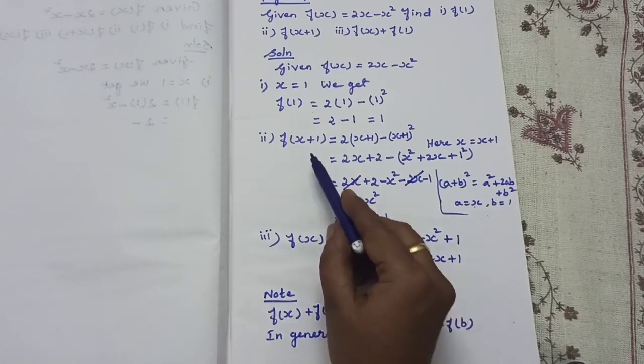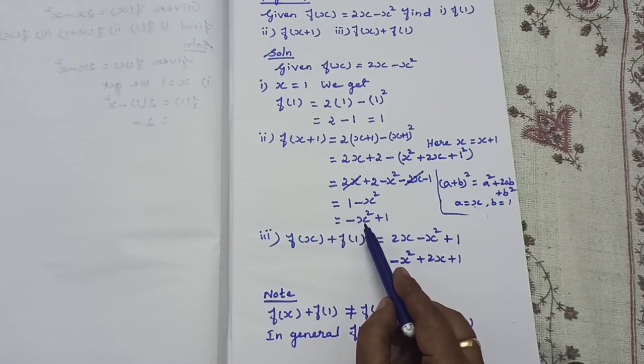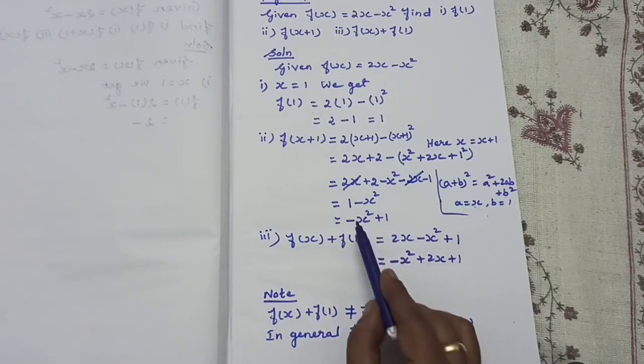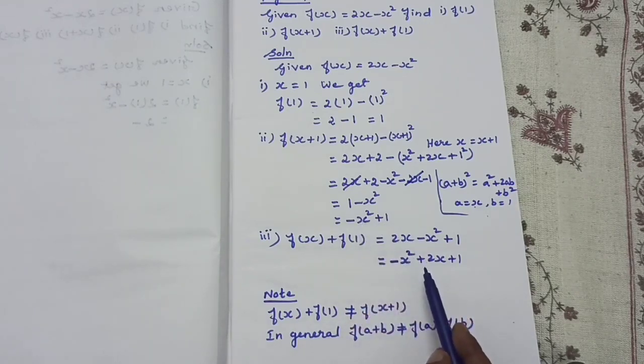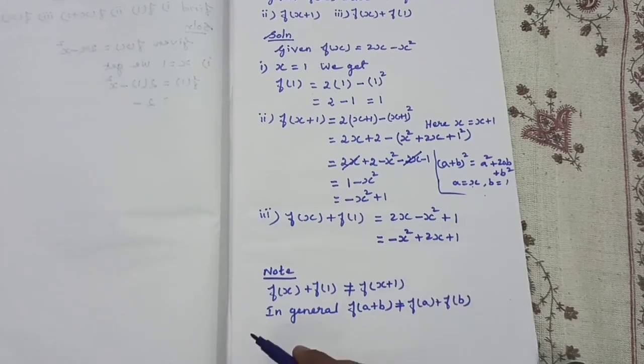Then f of x plus 1 is equal to another answer we got, isn't it? These two are not equal. Correct? So in general what we can write, f of a plus b also not equal to f of a plus f of b. Okay, this note is for your study.